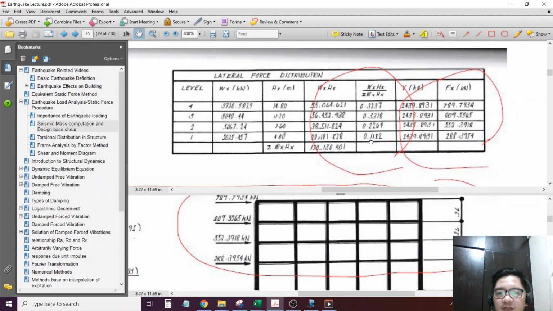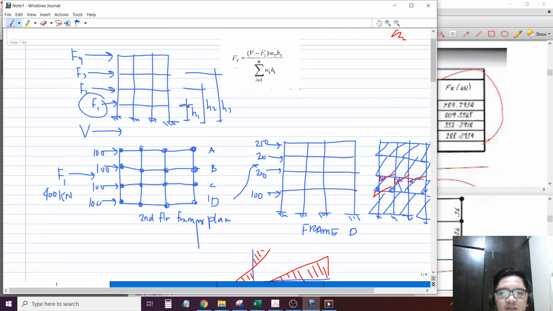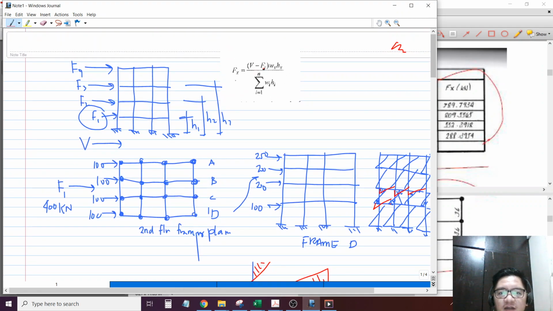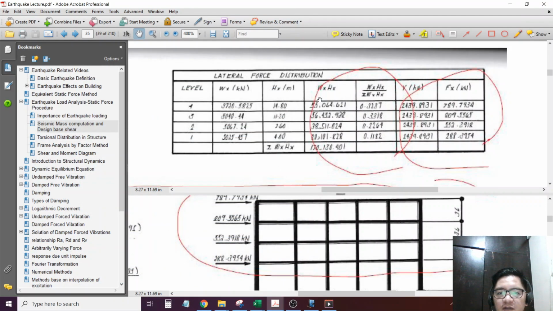And then V equals yung formula natin kanina from NSCP, which is ito. Okay, Wx, Hx. That's the same. So, Wx Hx over summation Wx Hx.